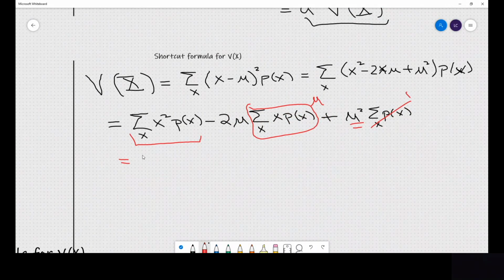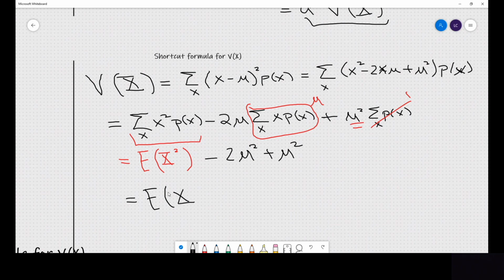So we're letting this be the expected value of x squared minus 2 mu squared plus mu squared, which is equal to the expected value of x squared minus this piece right here, which ends up being minus mu squared.